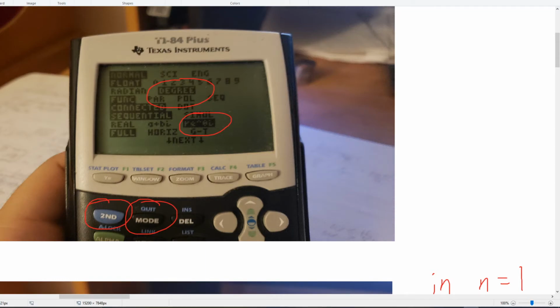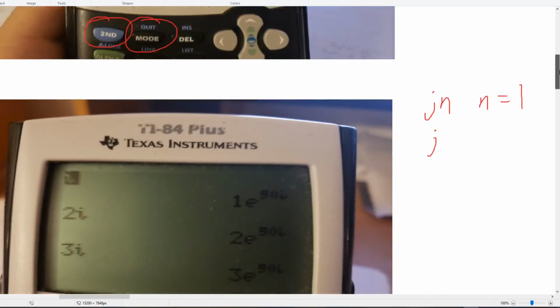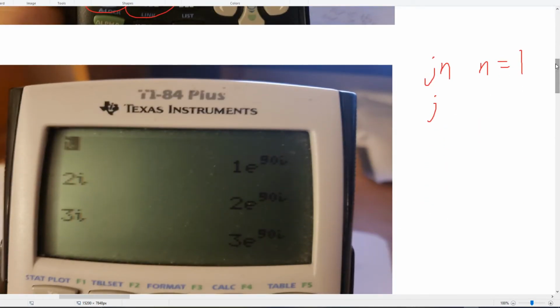So I want you to hit i, and then just simply press enter. When you hit enter, you should get 1e to the 90i. So this is basically saying that this is 90 degrees, right? And we're reminding you guys, we are trying to find the angle of jn. But let's keep going.